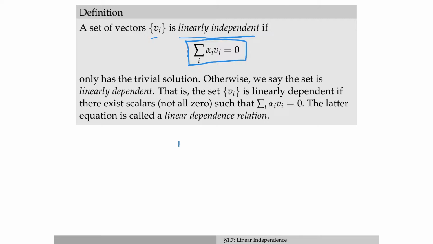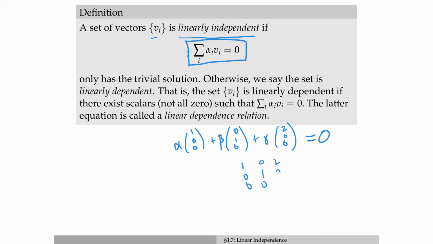I had alpha 1, 0, 0 plus some beta 0, 1, 0 plus some gamma 2, 0, 0. I'm looking for solutions to this. Well, this is nothing more than a vector equation. I can rewrite this vector equation as the matrix with columns 1, 0, 0, 0, 1, 0, 2, 0, 0 as this.